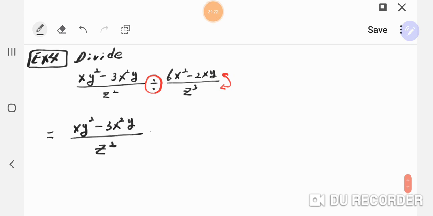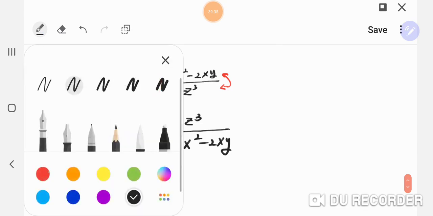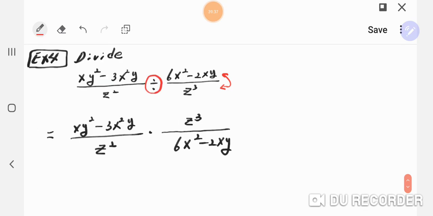We change the division into multiplication, then flip the second expression, so z cubed over 6x squared minus 2xy. Now we have a product. When we multiply rational expressions, we multiply the numerators and multiply the denominators. So for this, we have to factor each part.